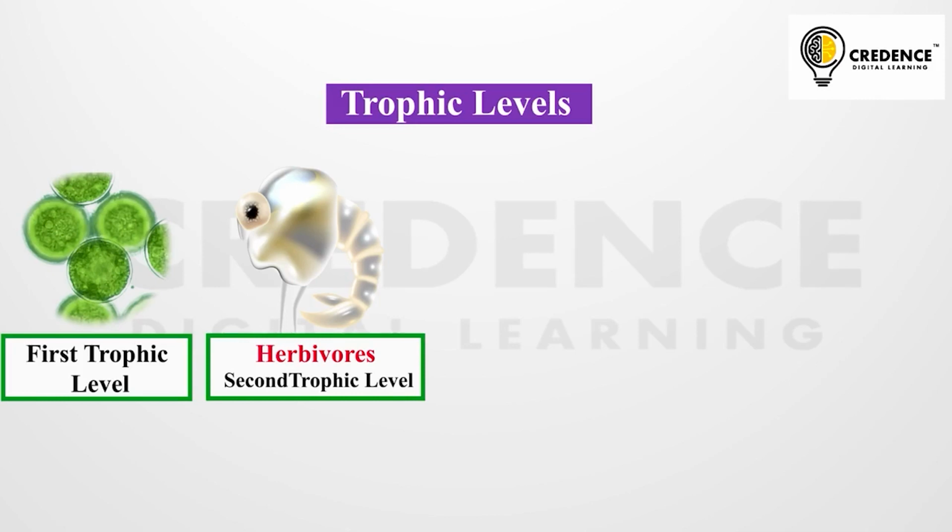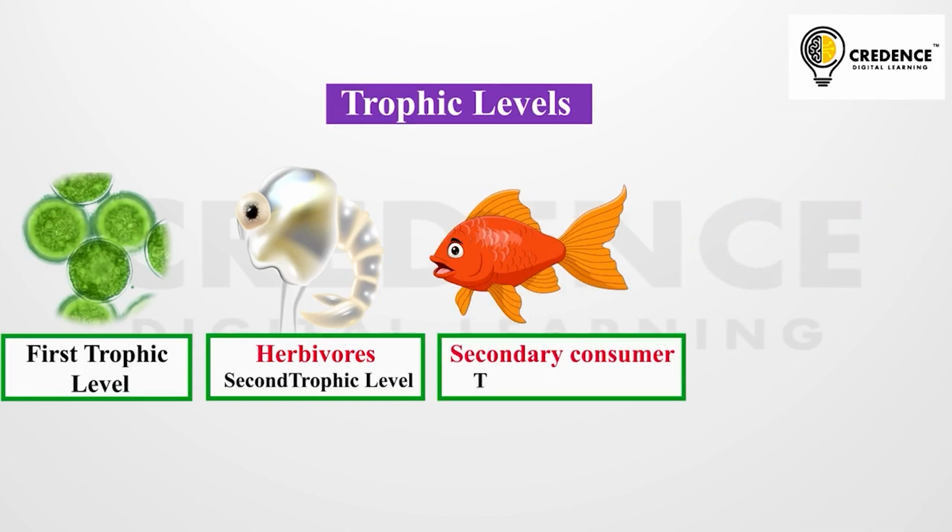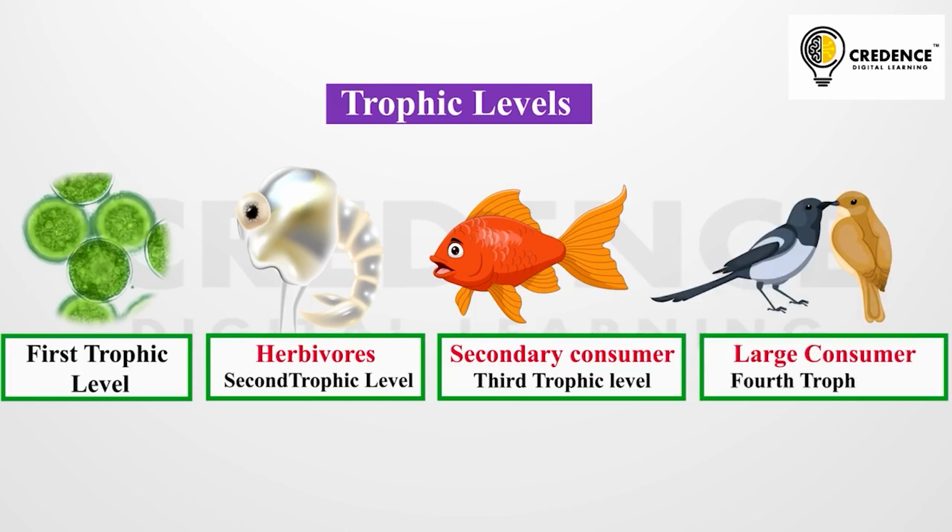Further, these zooplanktons are eaten by the fishes, which are called the secondary consumers. These secondary consumers are the third trophic level of that ecosystem, where they are eaten by the birds, which are called the large consumers. These large consumers can also be called the fourth trophic level.